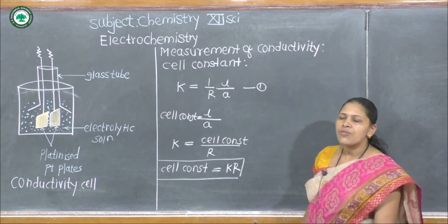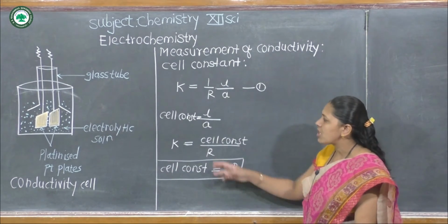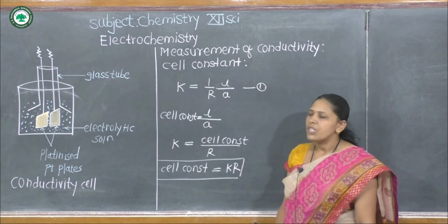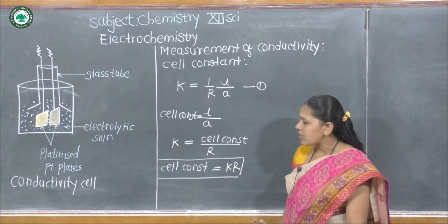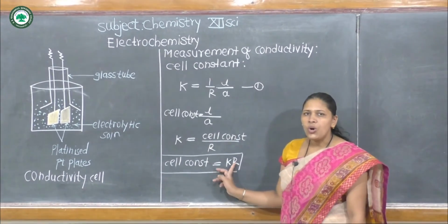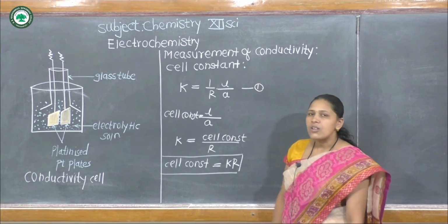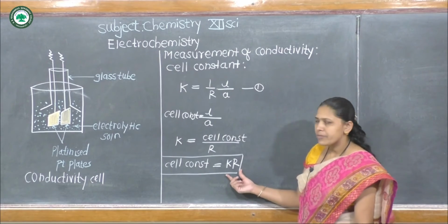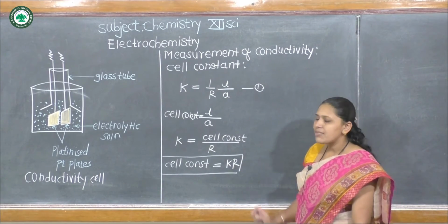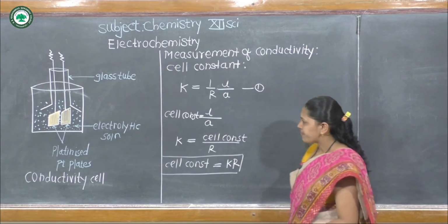There are two formulas for determination of cell constant: cell constant is equal to l upon a, or if we know conductivity and resistance of solution, then cell constant is calculated by multiplication of conductivity and resistance.